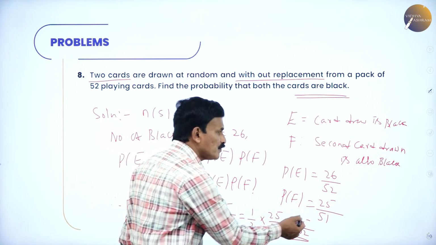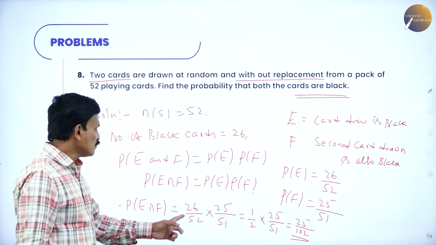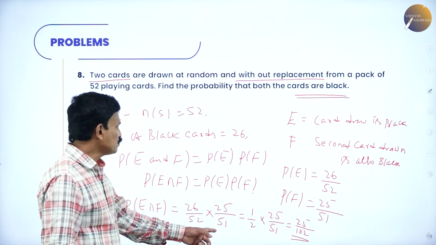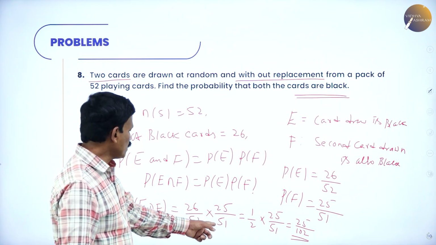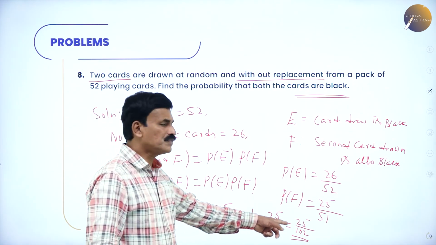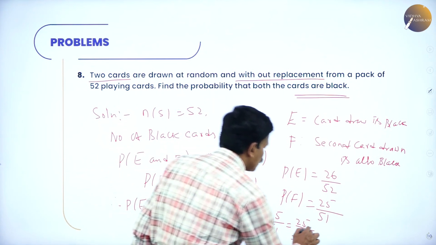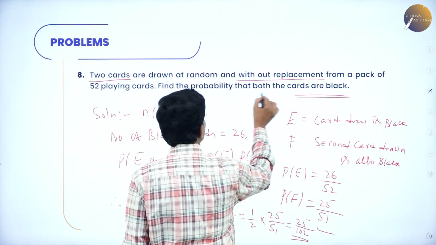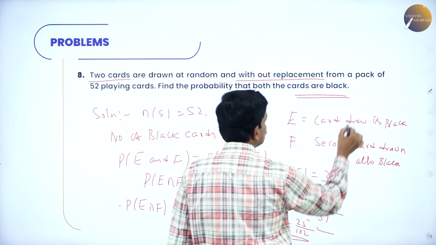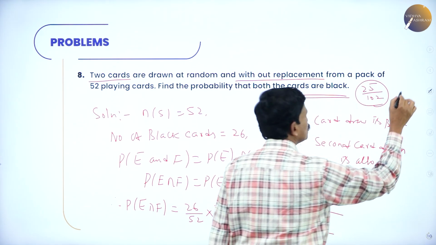So, the probability of E intersection F is equal to the probability of E, 26 by 52, into the probability of F, 25 by 51. This is 1 by 2 into 25 by 51, which is 25 divided by 102, the required probability.